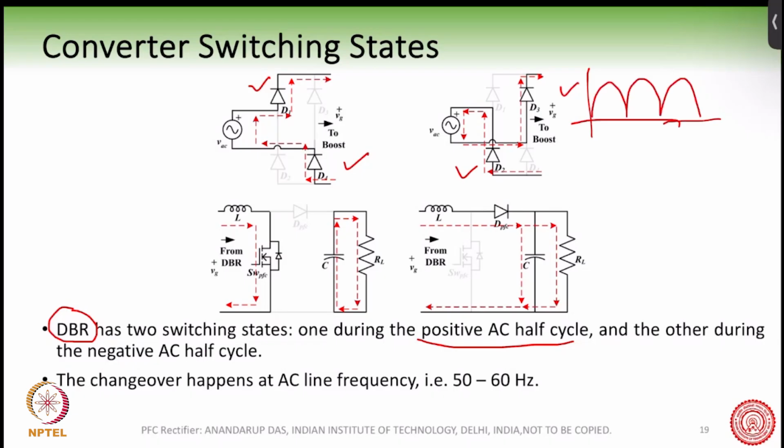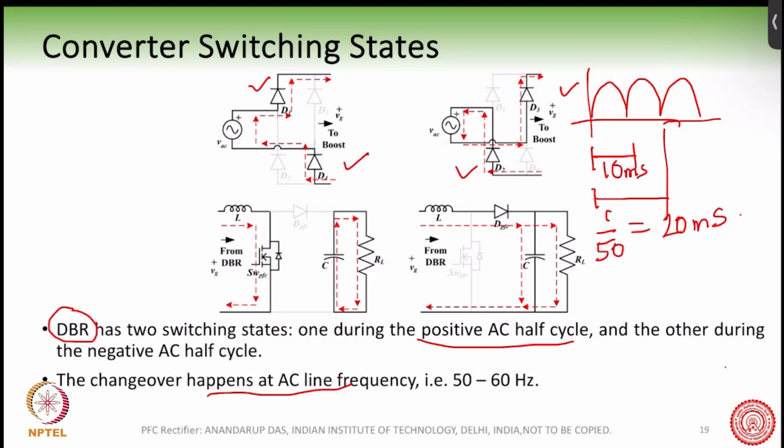This change is happening at the AC line frequency, like 50 hertz or 60 hertz. So this time duration is 1 by 50, which is equal to 20 milliseconds, and this half cycle is 10 milliseconds.